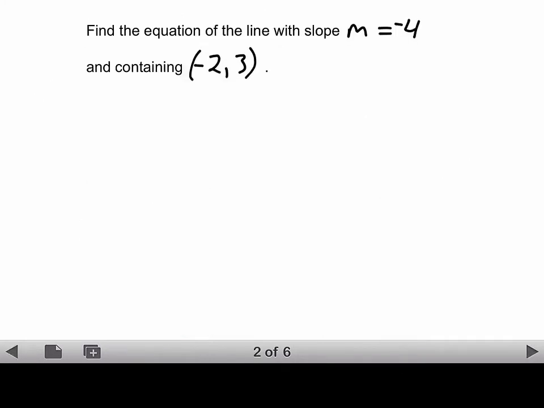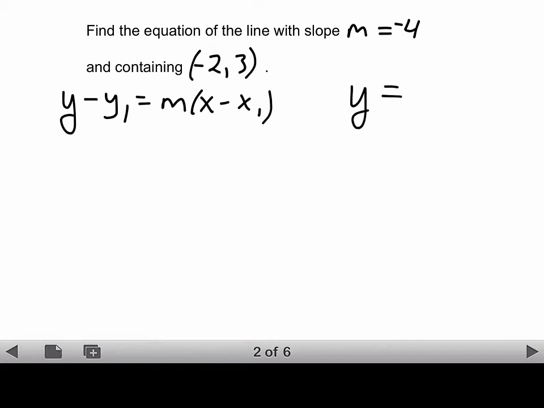Find the equation of the line with a slope of m equals -4 and containing (-2, 3). Well, we can use either point-slope form, y minus y1 is equal to m times x minus x1, or if we wanted to, we could simply use y equals mx plus b, considering we have a slope, an x, and a y, and we would just need to find b.